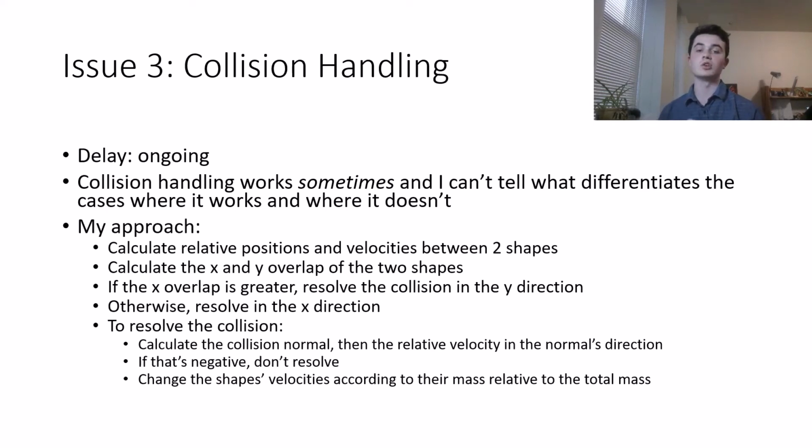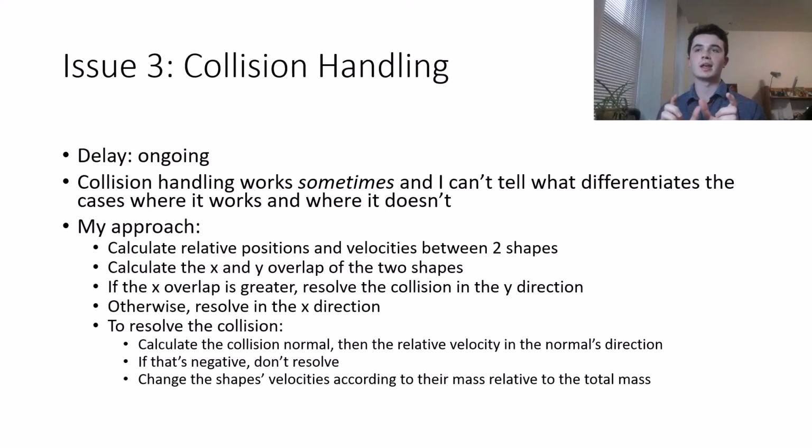We calculate the collision normal, which is which way the collision should be resolved. Then the relative velocity in the normal's direction, and we do that by taking the dot product of the two. If that's negative, we don't resolve the collision because it means that the shapes are moving away from each other.